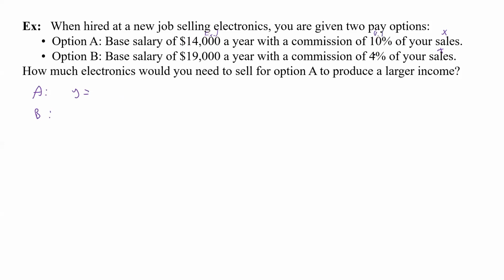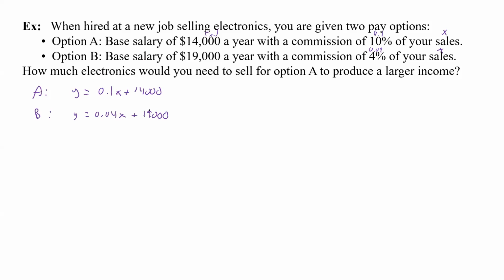So that's 0.1. 4%, that's going to be 0.04. So for Y on A, that's going to be 0.1x plus 14,000. And for B, we have Y equals 0.04x plus, and this time we have 19,000.